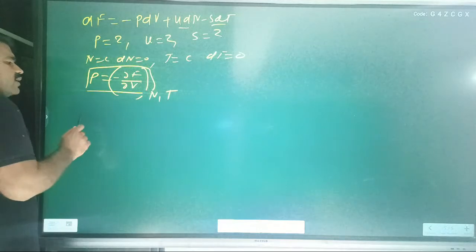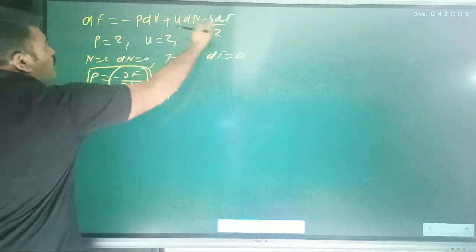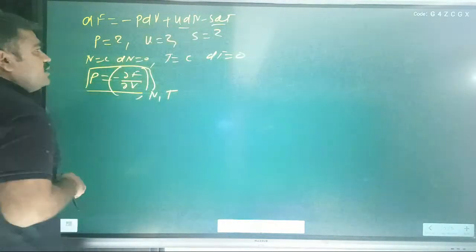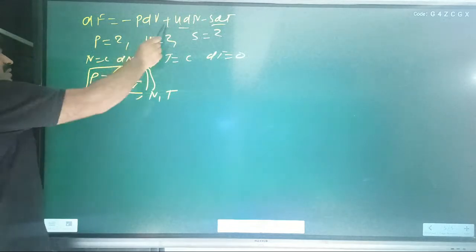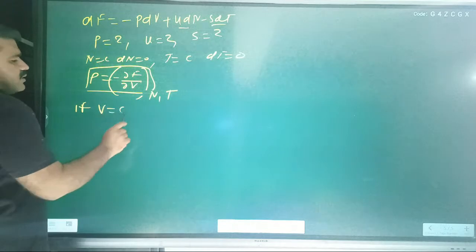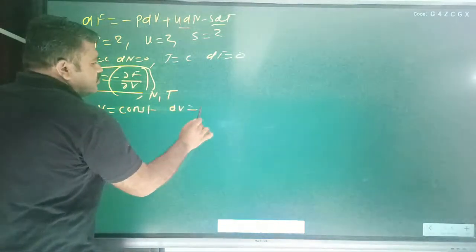Second one, we can find out the chemical potential. At that time, two parts must be 0. Which two? dV equal to 0 and dT equal to 0. dV equal to 0 is only possible if V is constant. Means volume is constant, then dV is equal to 0.